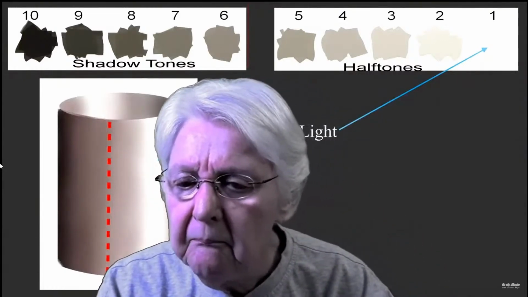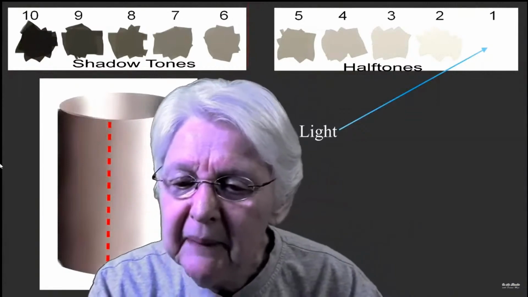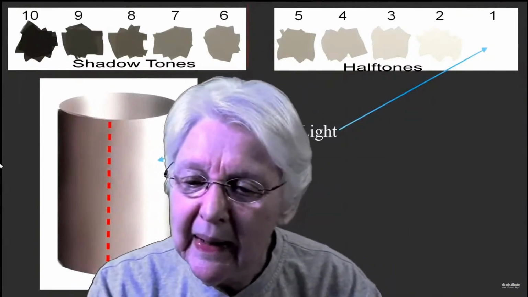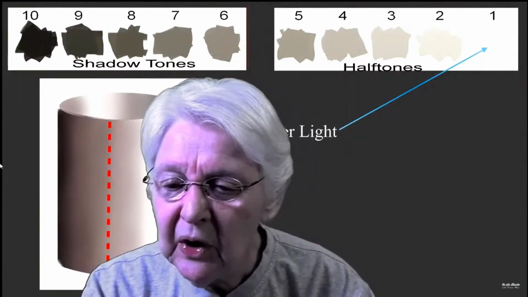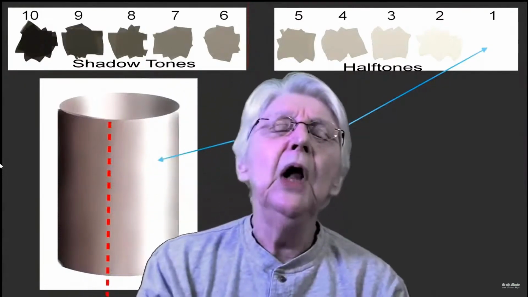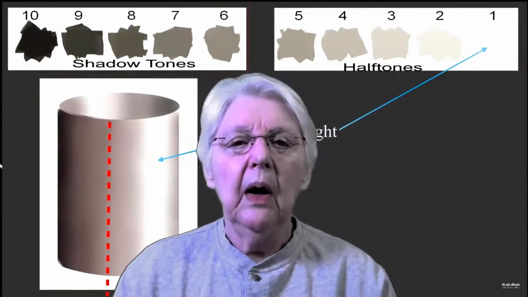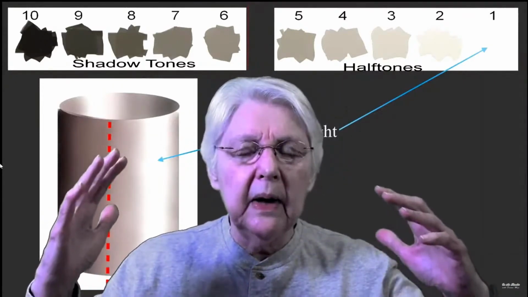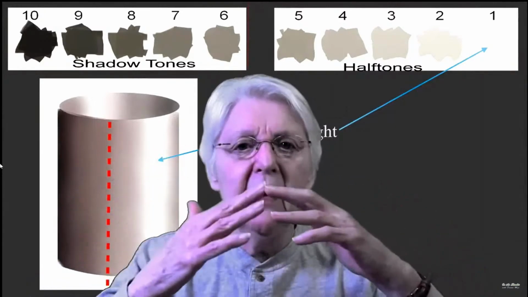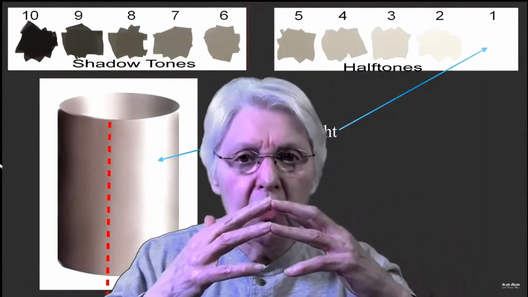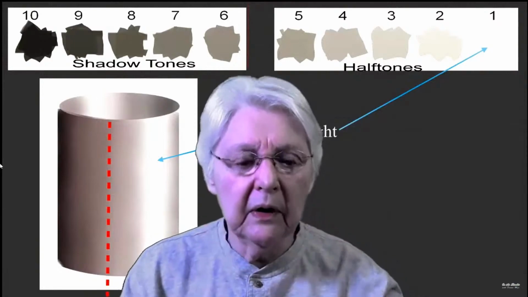Okay, is that Phil McNally? Are halftones and neutrals the same thing? No, neutrals are referring to colors that have either no hue left in them, or very little hue.